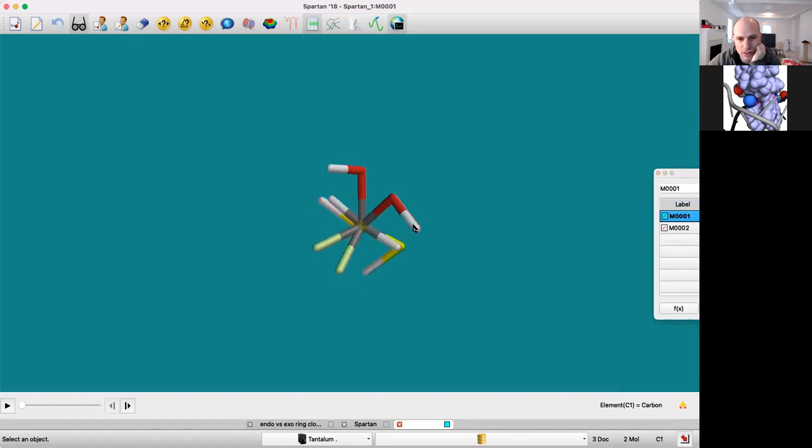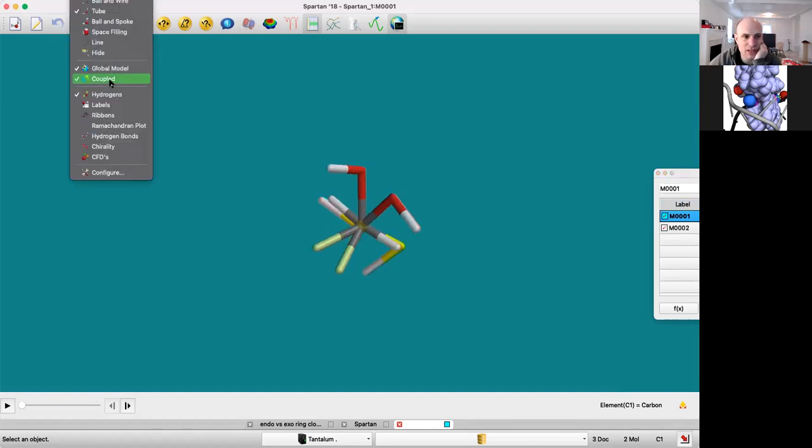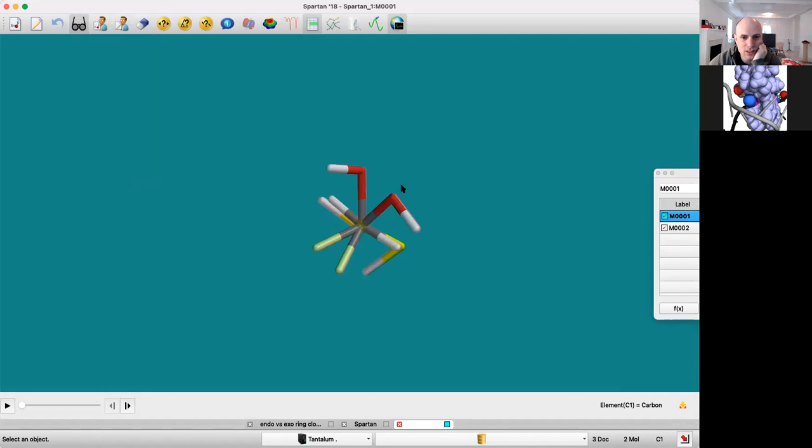I can attempt to overlay these, and no matter what I do, I can't get everything to line up. Okay, so if I line up here, I'm lining up the OH group and the fluorine, but if I then rotate, you can see that the hydrogen and the sulfur are not lining up.